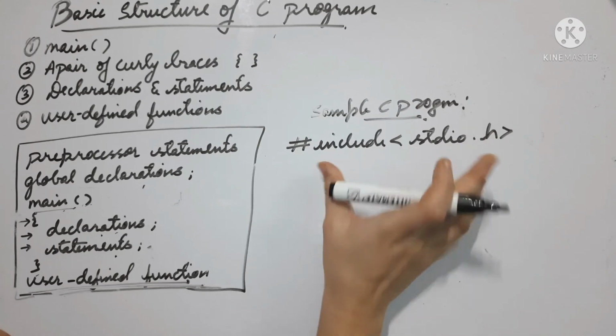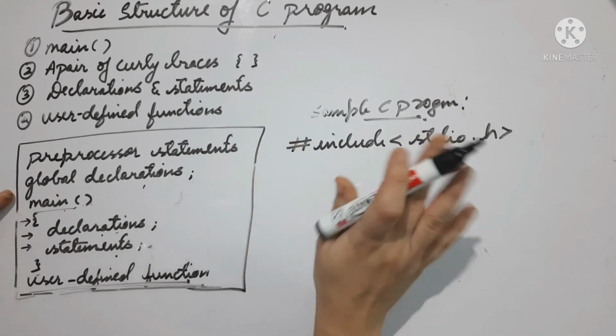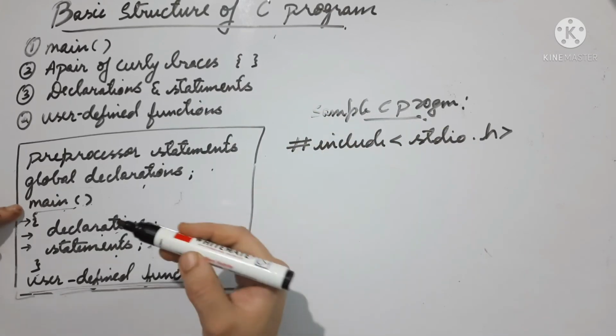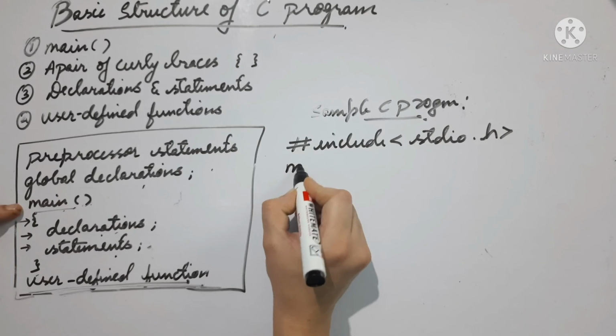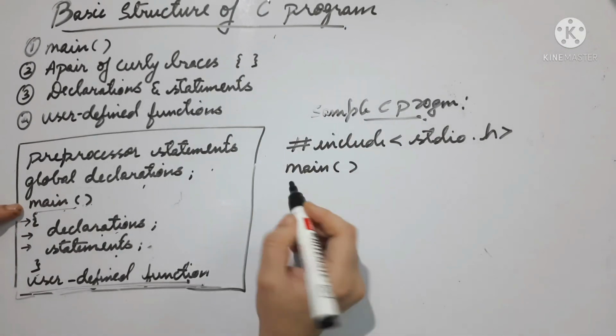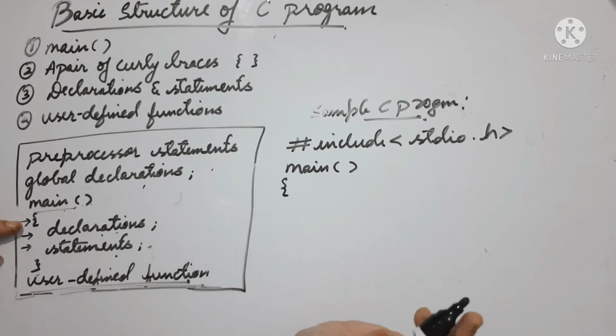This is the first statement you need to write. Next, are there any global declarations for this program? I do not require any, so I am going to skip this line. Next, I have the main function, so let us write main with round brackets. Next comes the opening flower bracket.